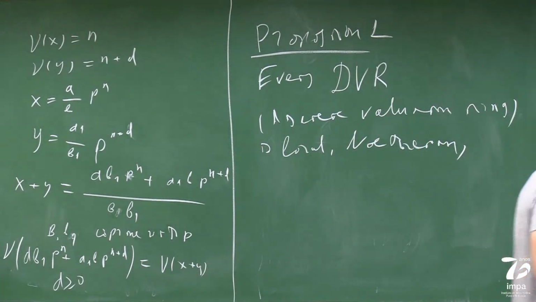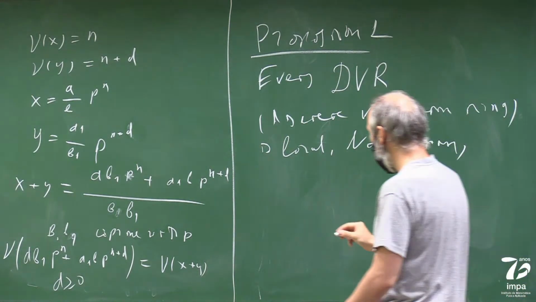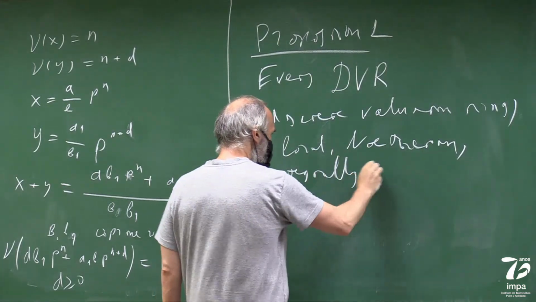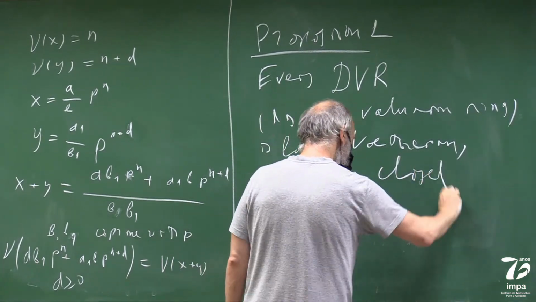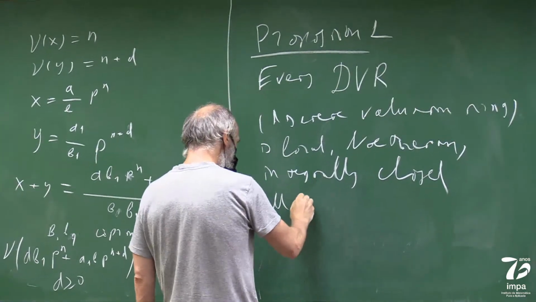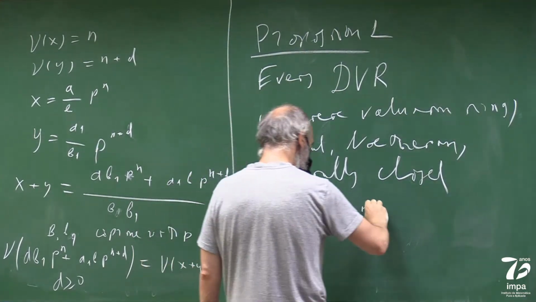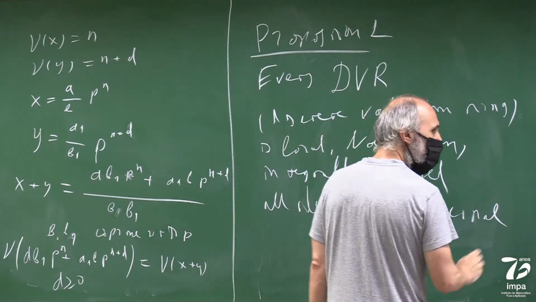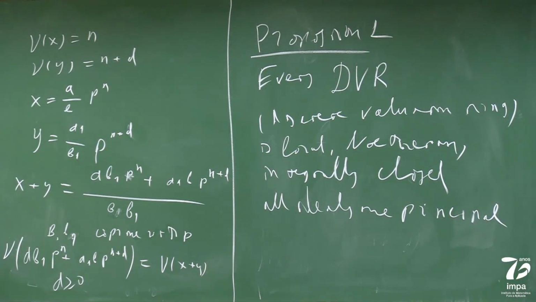What else? Integrally closed. All ideals are principal. Krull dimension is 1.